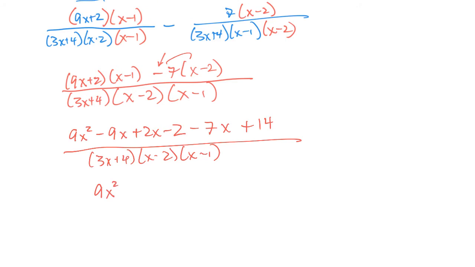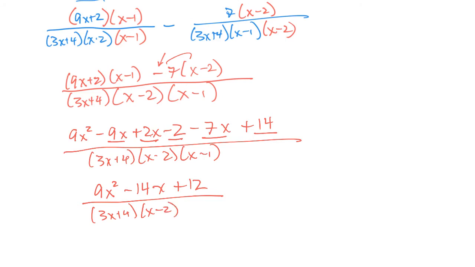Minus 9 plus 2 is a minus 7, minus another 7, so I'm doing these ones. That's minus 7, minus another 7 is minus 14x. And then minus 2 and a plus 14 is a plus 12, all over (3x + 4)(x - 2)(x - 1).